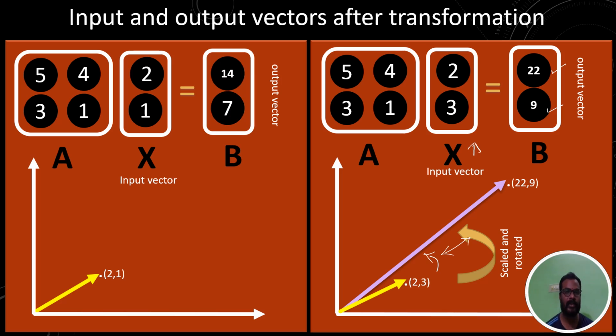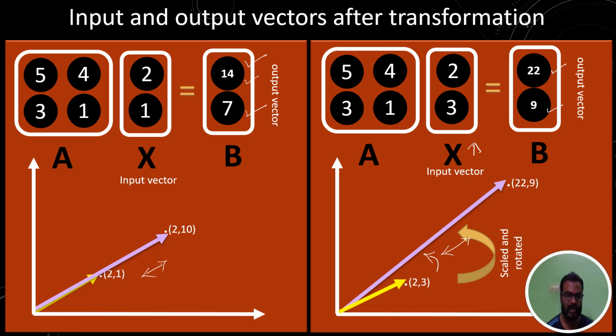How much will you get? 5 into 2 is 10, 4 into 1 is 4, so you will get 14. 3 into 2 is 6, 1 into 1 is 1, so you will get 6 plus 1 is 7. So this product is right. Now let us draw the output vector which we got. It has not been rotated, but it has been stretched like this.